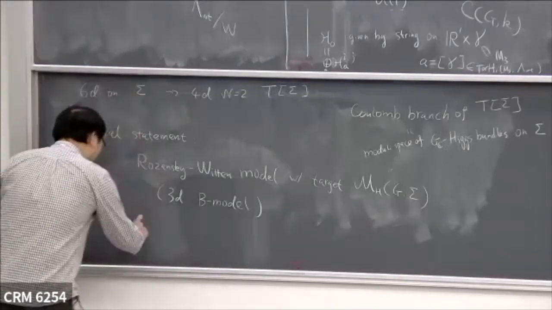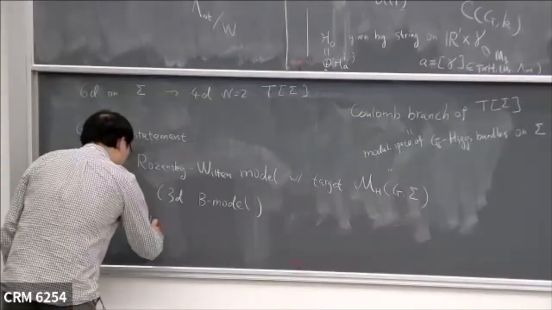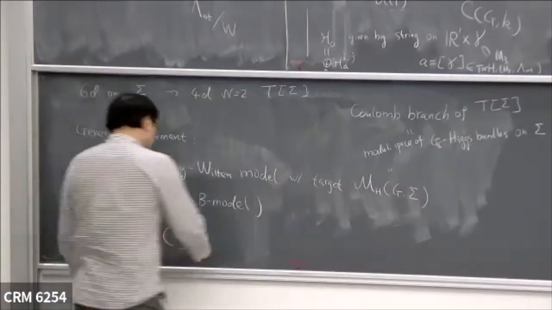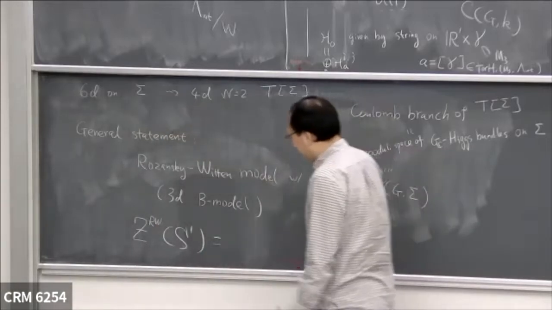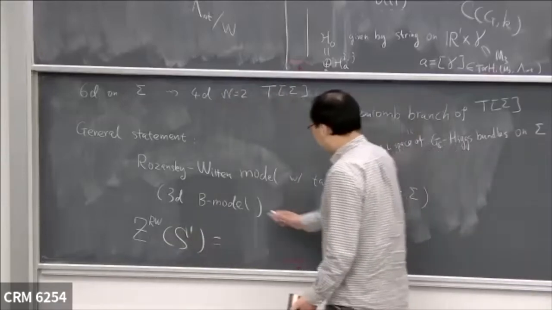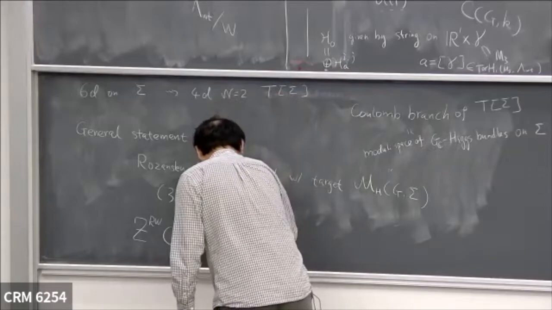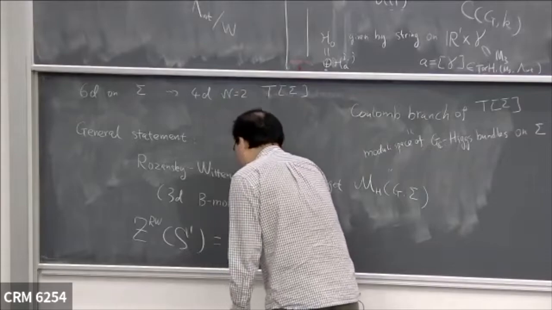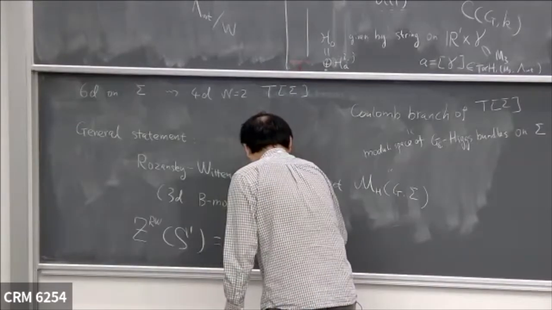Instead, the expectation is that if you look at this Rozansky-Witten model associated to S1, this is supposed to be some category. If we are in some topological theory, this will be some modular tensor category. But now this is expected to be some deformed version of the derived category of coherent sheaves on M_H.